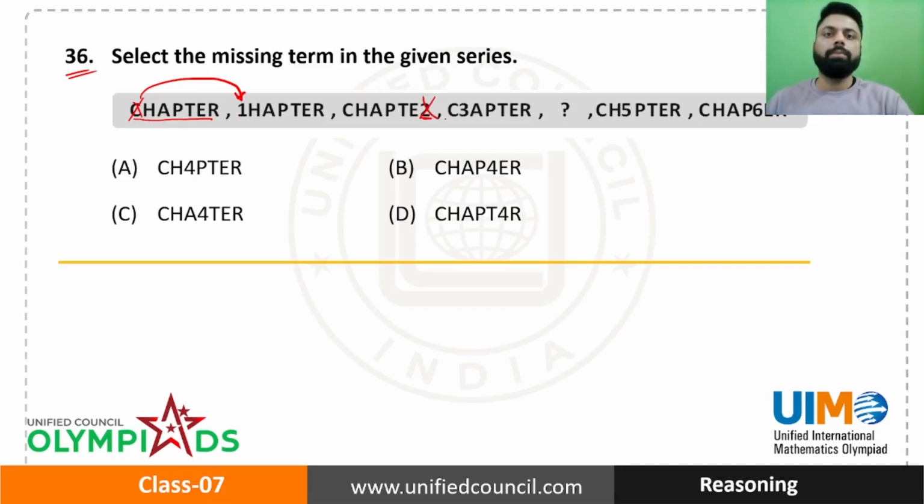In the third one, we are putting everything as it is, but we are putting the second one by 3. Then in this one, CHAPTER, but instead of E, we are going to place 4. Then here 5, here 6. So CHAPT4R, that option is the correct answer.